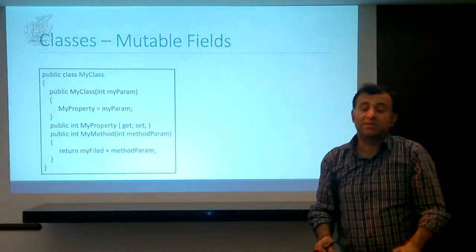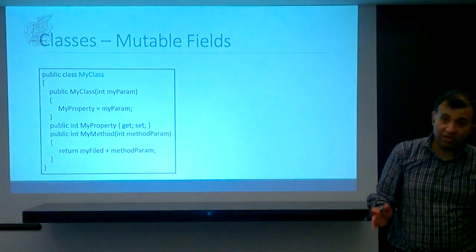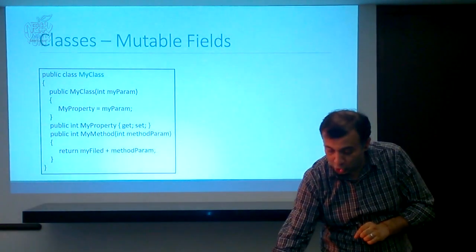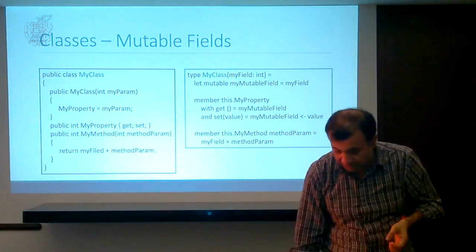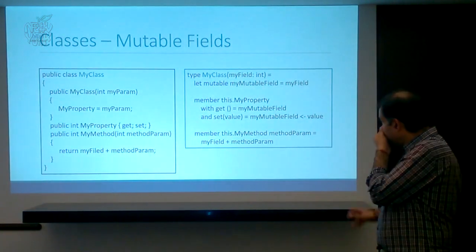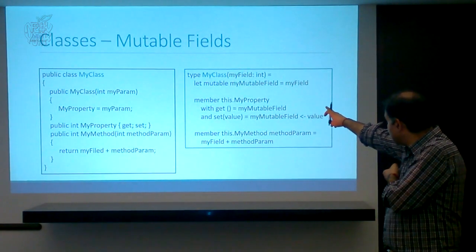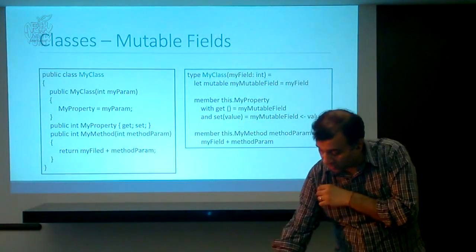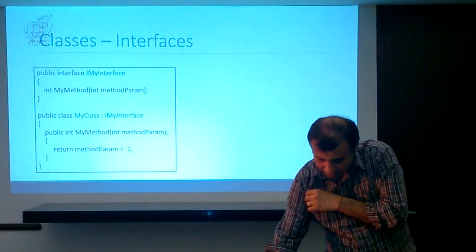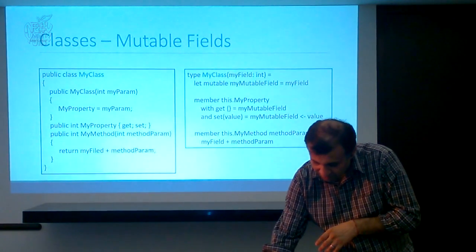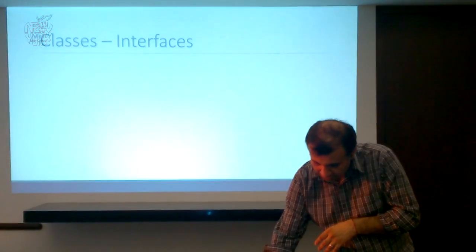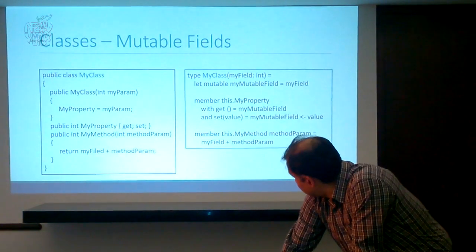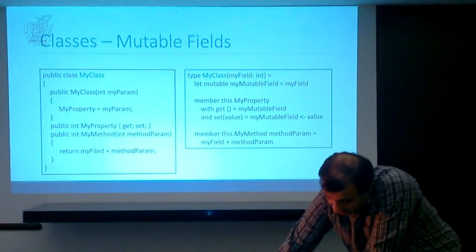Because your classes are the same as C#, you actually have the same level of support. So you do have the ability to define mutable variables. You explicitly mark them as mutable, and these are your private properties. And if you want to make them public, you can do it also by having them as member. And yeah, so you have the getters and setters here. This is the direct code translation.